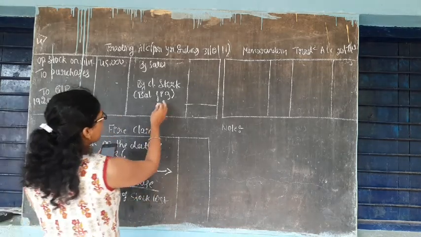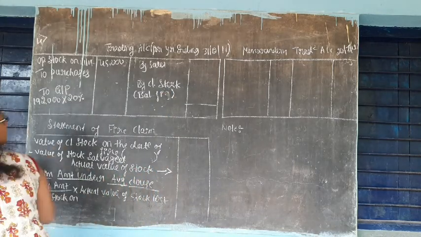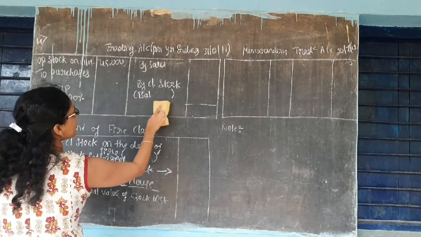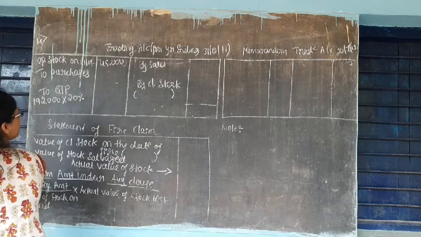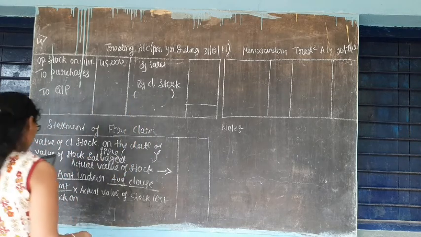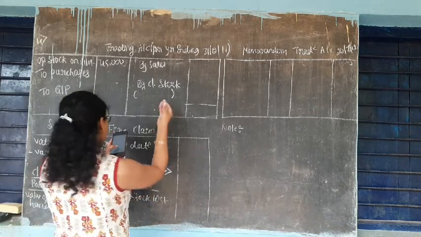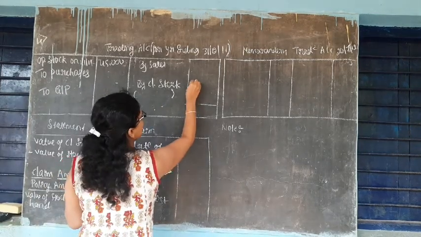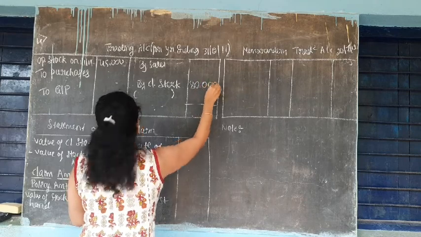Here the closing stock is given, it is not a balancing figure, because if it were a balancing figure, it would be in the memorandum trading account. So the closing stock here is 80,000, which is given in the question.